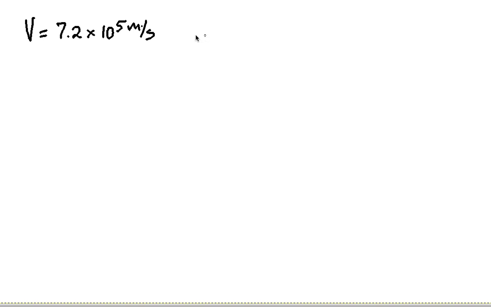So I'm going to give this a very large centripetal acceleration since it has such a large tangential and orbital velocity. Let's go with 14,075 meters per second squared. Okay, so what do we want to know here?